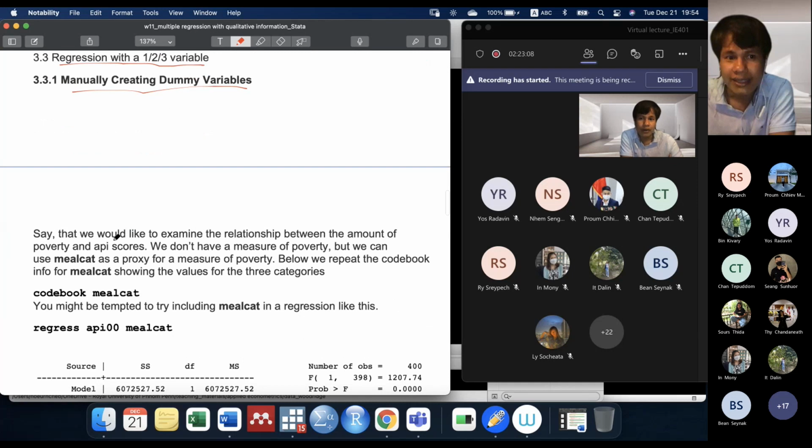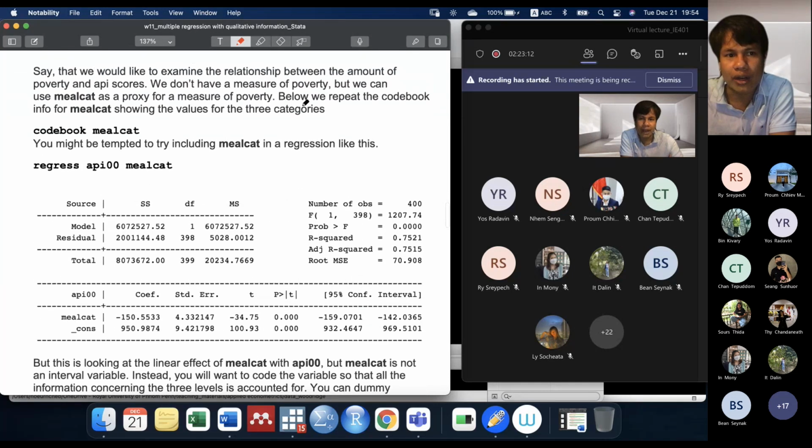Say that we would like to examine the relationship between amount of poverty, represented by meerkat, and API score. We don't have a measure of poverty, but we can use meerkat as a proxy. Below, we repeat the codebook for meerkat, showing the values of the 3 categories.